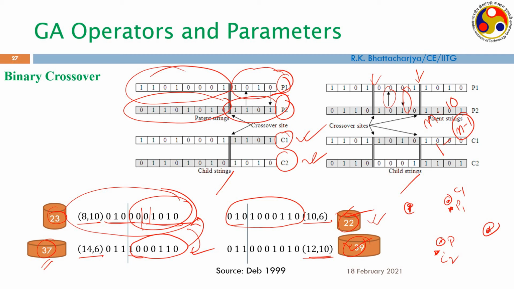Parents are all the solutions, and then we try to see is there any better solution in the nearby of this solution. So we are doing local search using the crossover operator. I hope this is clear to you.